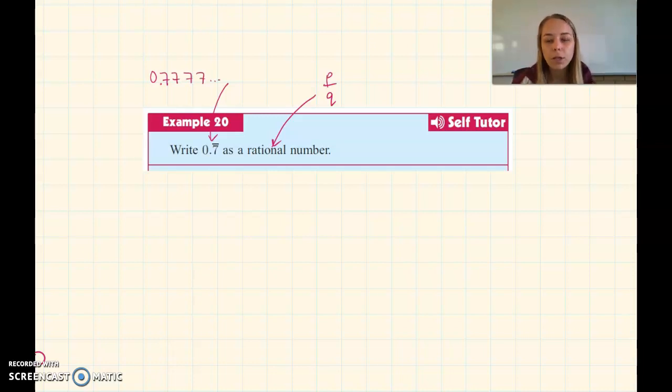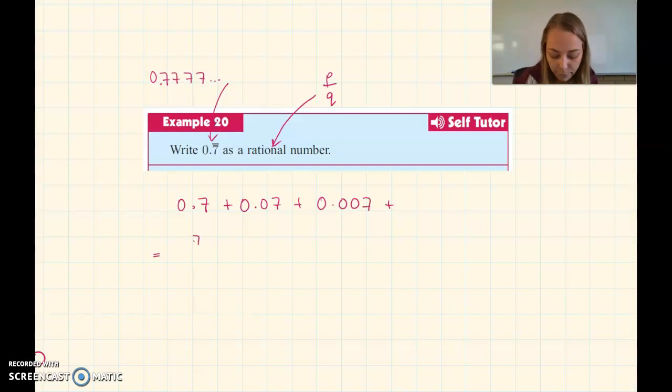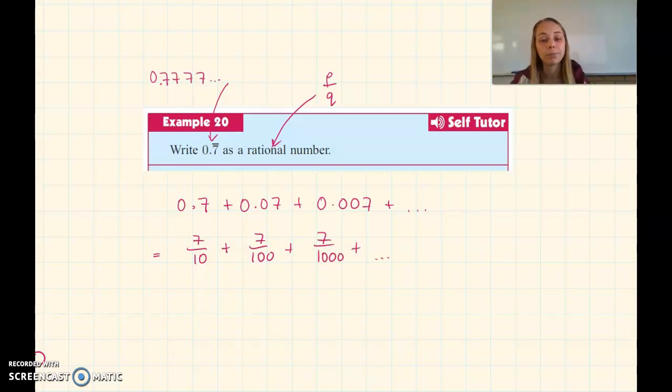So what's actually happening there is we have got 0.7 plus 0.07 plus 0.007. So we've got 7/10. I'm going to write these as fractions because I like fractions a bit more. So we've got 7/10 plus 7/100 plus 7/1000, and that is going on forever.